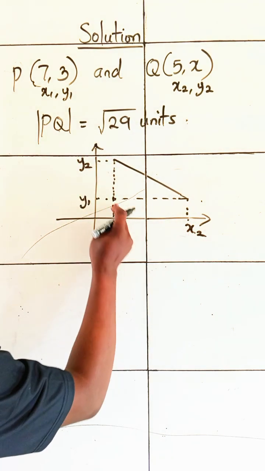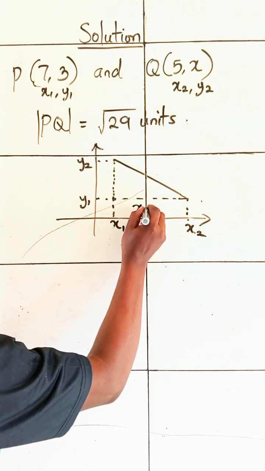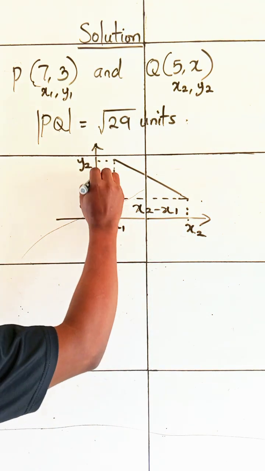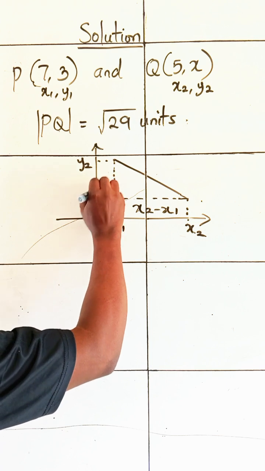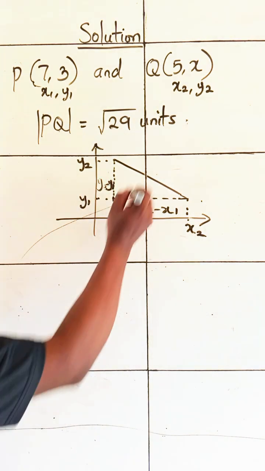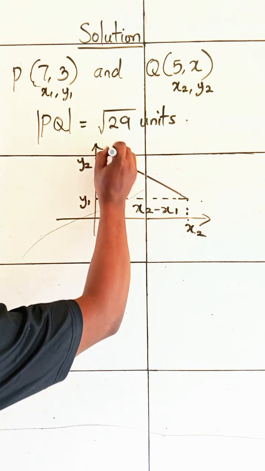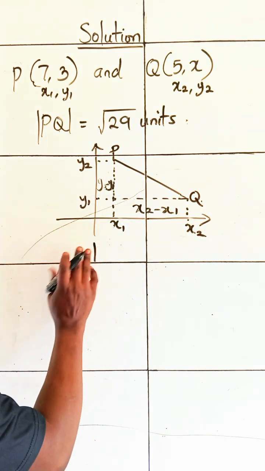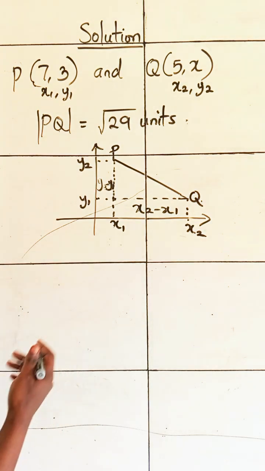So the distance between this and this is x2 minus x1. And the distance between here and here is y2 minus y1. So if this is distance PQ, let's say this is P and Q, distance PQ can be determined using the Pythagoras theorem.